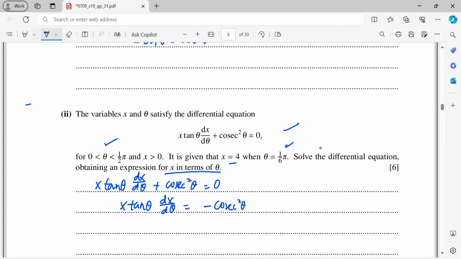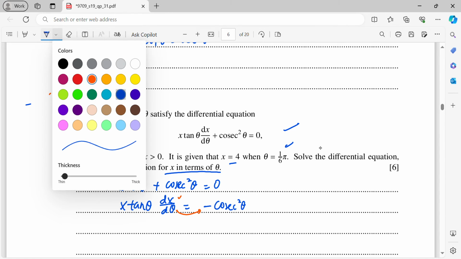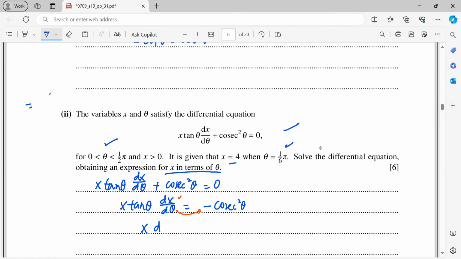Since dx is a numerator, whatever function has x should be on the left side, and the functions with theta should be on the right side. So now I will write x dx equals minus cosec squared theta.